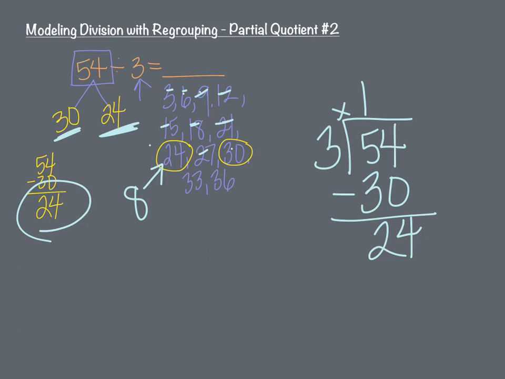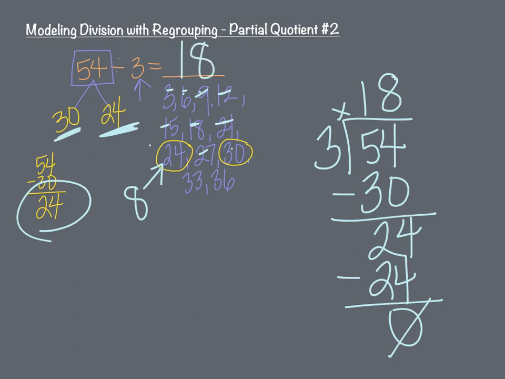That's right. 8 becomes part of my quotient. 8 times 3 is 24. What do I do with those two 24s? That's right, I subtract it. And 24 minus 24 is? Good, 0. So my answer, my quotient, 54 divided by 3 is 18.